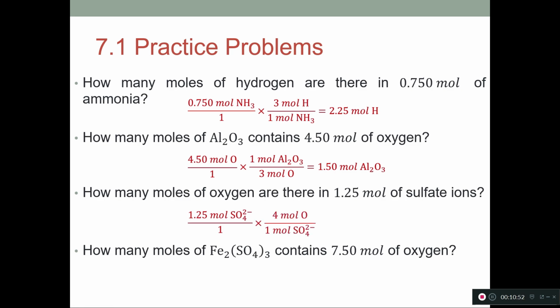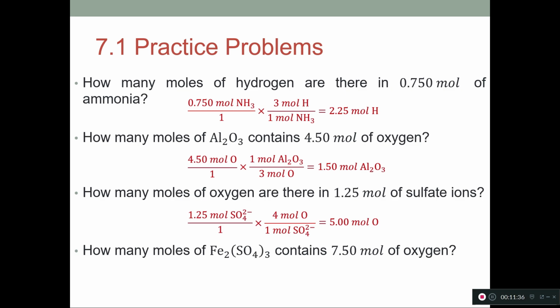So we would use this conversion factor here, the fact that there are 4 oxygens in 1 sulfate. So there are 4 moles of oxygens in 1 mole of sulfate. The moles of sulfate will cancel out, and we are left with just moles of oxygen, so we get 5.00 moles of oxygen. So again, in other words, if I handed you 1.25 moles of sulfate, then you would know that it also contains 5.00 moles of oxygen.